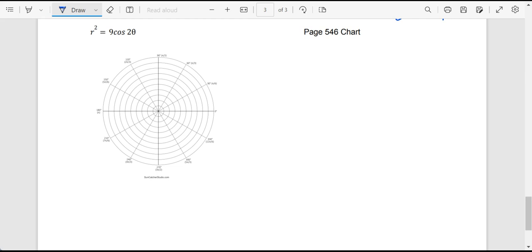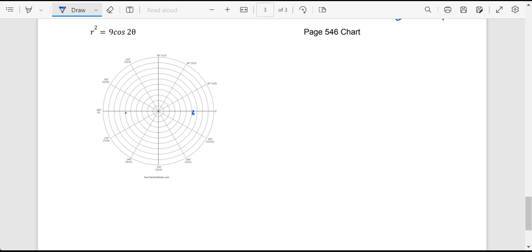So, put 0 in. It's going to get me cosine 0 is 1. So r will be equal to plus or minus 3. So we'll call this 3 right here, and also 3 on the other side.